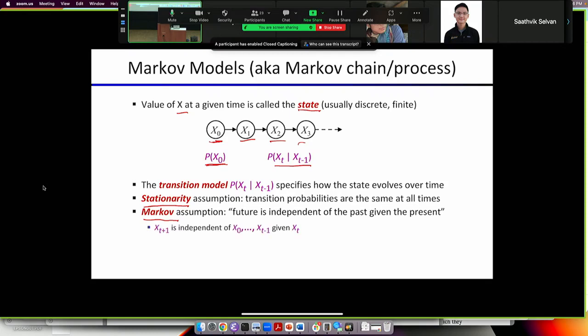So technically, we need xt plus 1 to be independent of all the previous states given the immediately preceding state. Okay? So that's a conditional independence assumption.